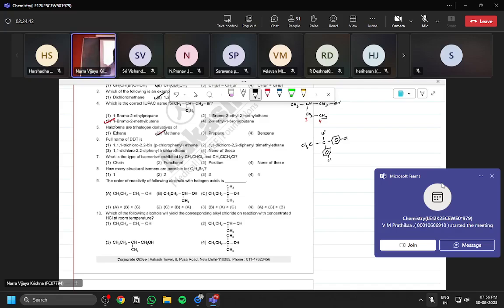So can I call it as 1,1,1-trichloro-2,2-bis(4-chlorophenyl)ethane? From here I am starting numbering 1 and here I am giving number 2. Correct?